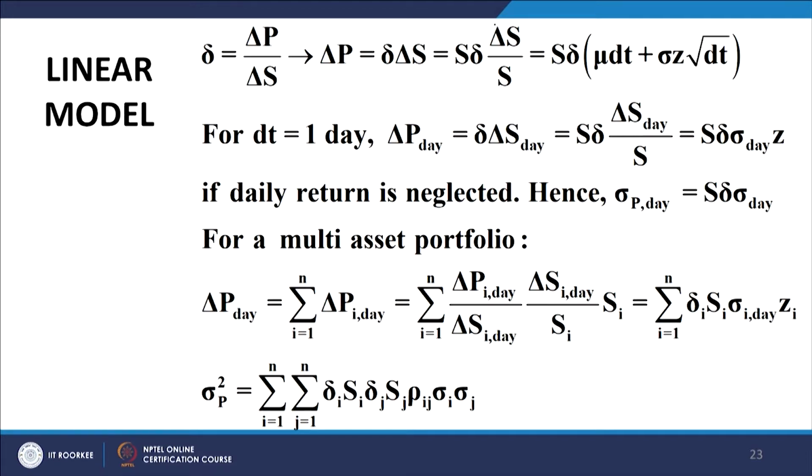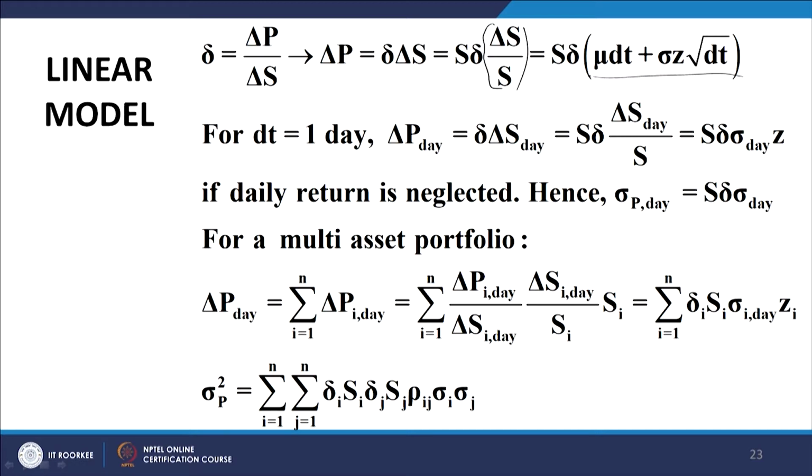Now, this expression, if you recall, is nothing but the Black-Scholes model. If I use the Black-Scholes model, this expression takes this form: S delta mu dt plus sigma z under root delta t. Now, if delta t is equal to 1, that means we are talking about a 1-day change in price of the underlying of the derivative.